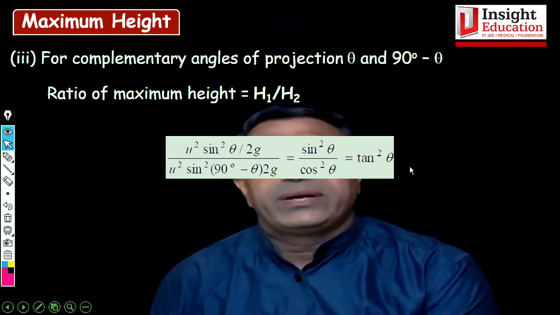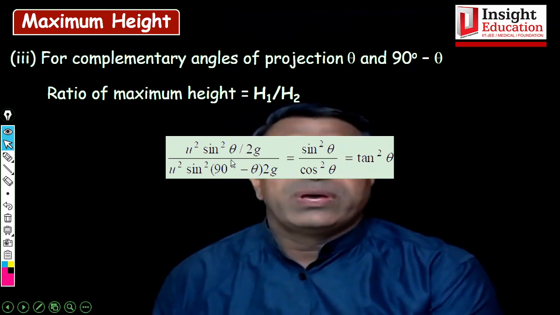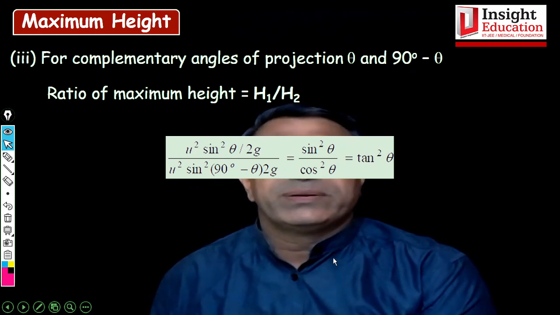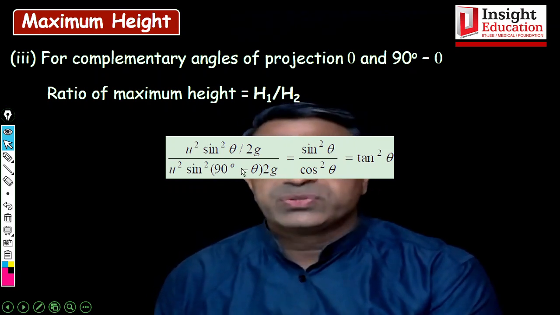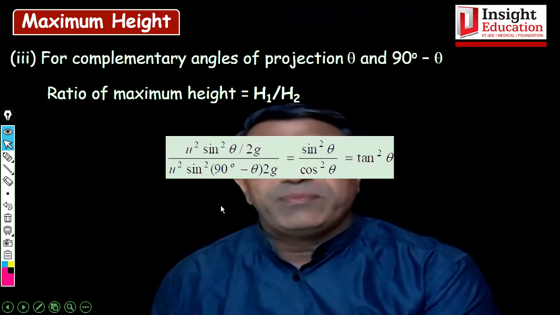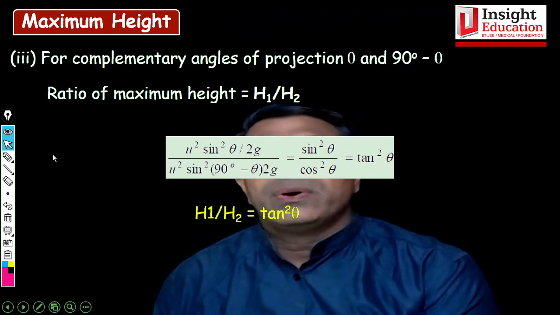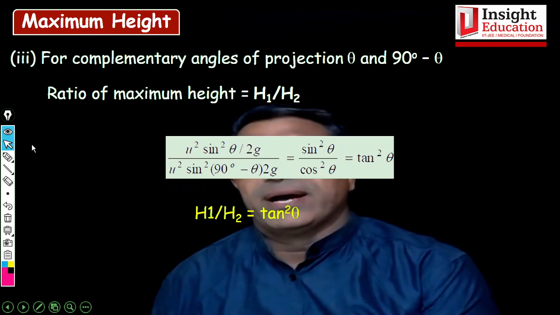So finally tan square theta. If the angle theta is given, we can find the ratio of heights h1 by h2. Remember this formula, it will be useful while solving examples. So h1 by h2 is equal to tan square theta.